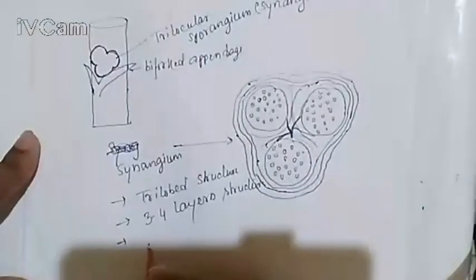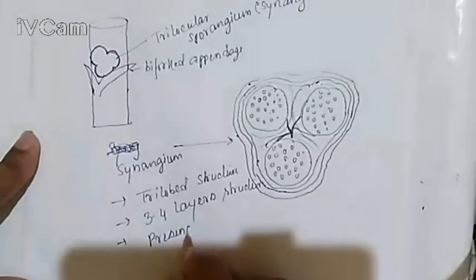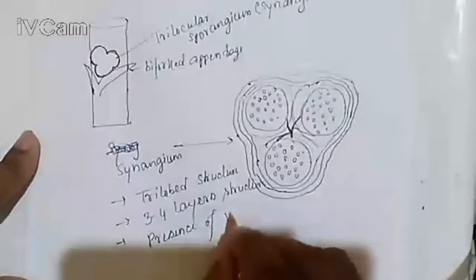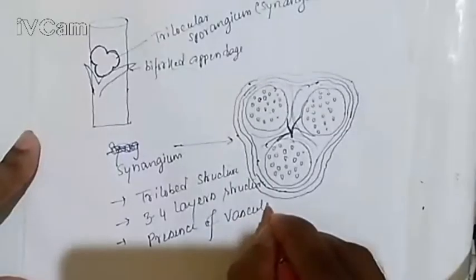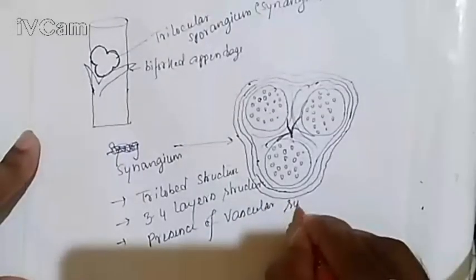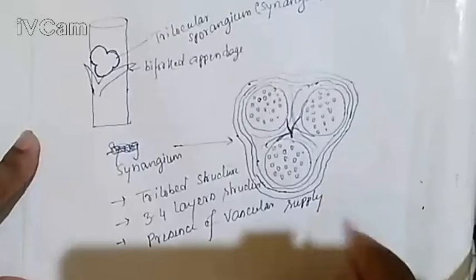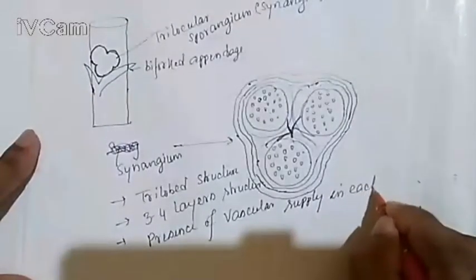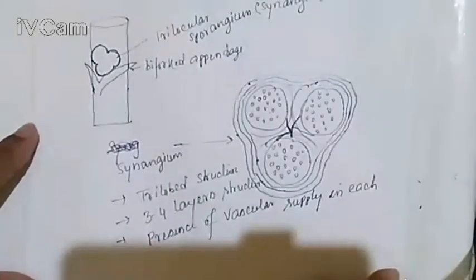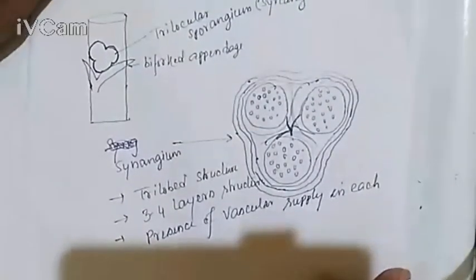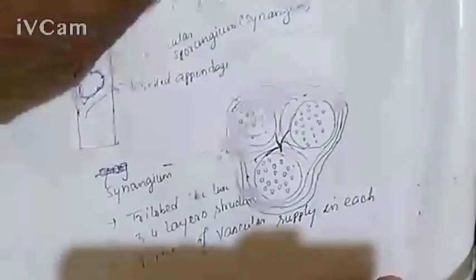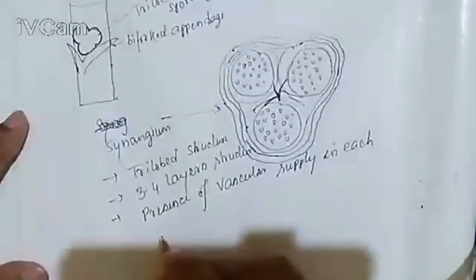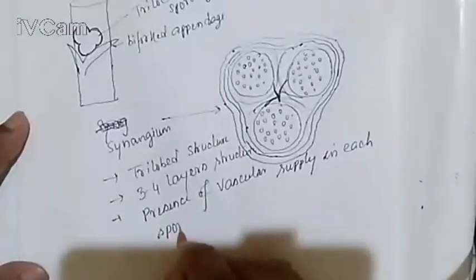So we can write: presence of vascular supply in each sporangium.